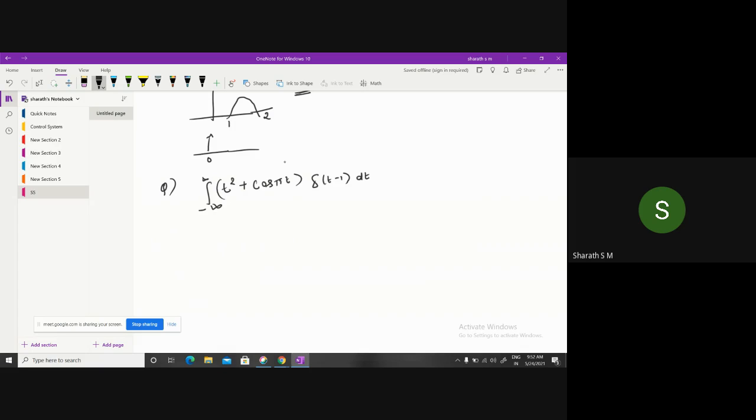For t minus 1, what's the value of t here? Plus 1. So we just need to substitute t is equal to 1. So 1 plus cos pi. What's the value of cos pi? Minus 1. So 1 minus 1 is 0.